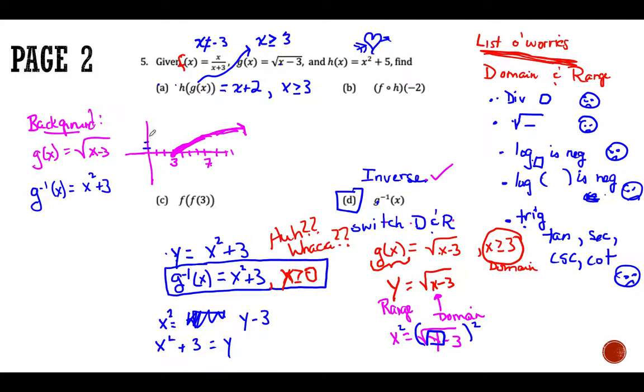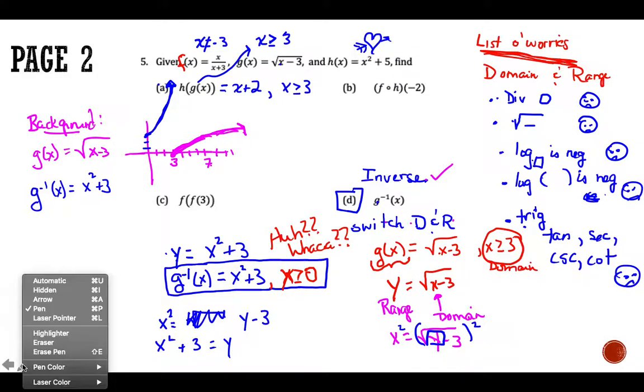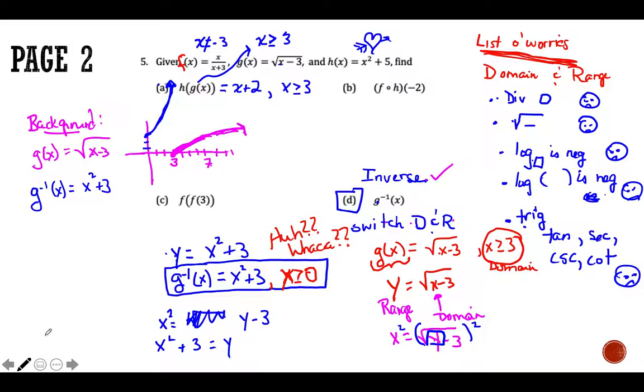When x is 0, y is 3. When x is 1, y is 4. That's the inverse function. And some of you might remember that inverse graphs are reflected across the line y equals x. Remember?